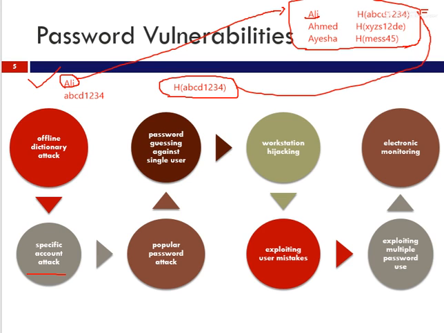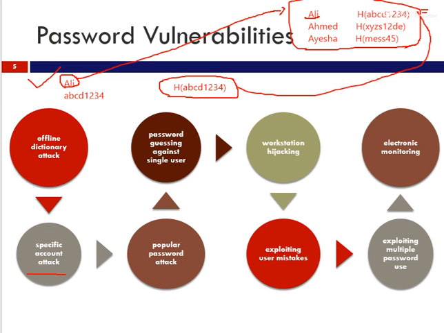And the last one is electronic monitoring. If a password is sent on the network to log on to a remote system, and you are sending the password in clear, it is vulnerable to eavesdropping. If somebody is running a sniffer on the network, they can get your password. Even if you send the password encrypted, somebody can still eavesdrop and try to cryptanalyze it, or run an offline dictionary attack or guessing attack on it to get the original password. Why?